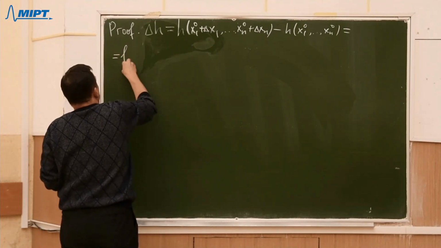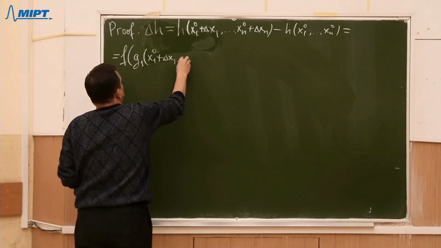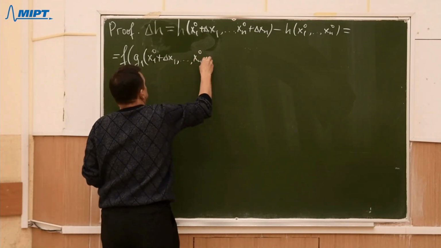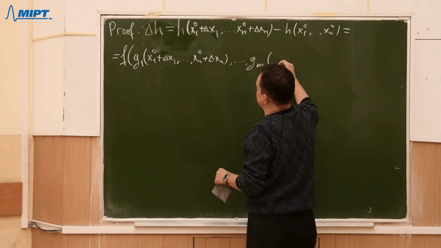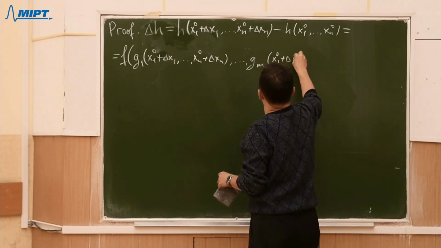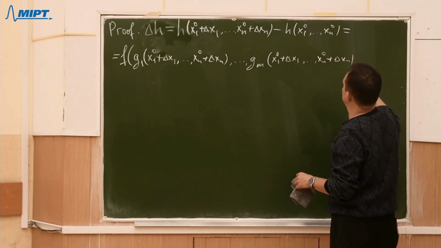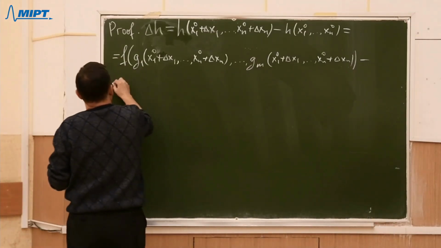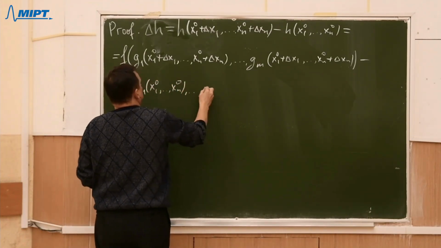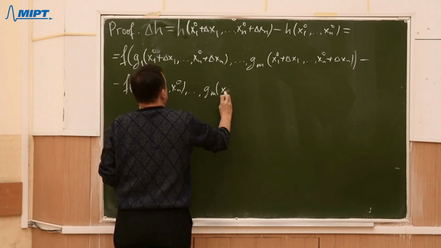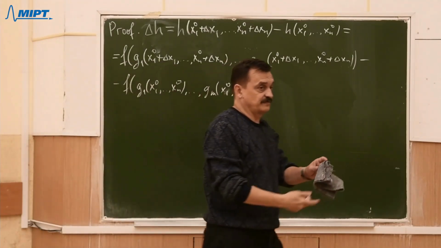That is f of g1 of the same list of variables, so on, gm of the same list of variables, minus f of g1 of x1 naught, so on, xn naught, so on, gm of x1 naught, so on, xn naught. Okay, that is the difference which we need to consider.